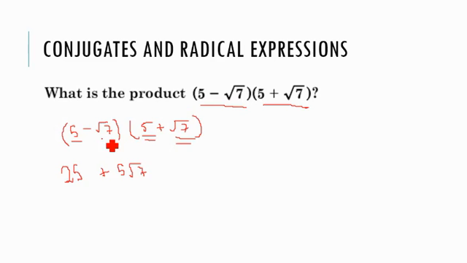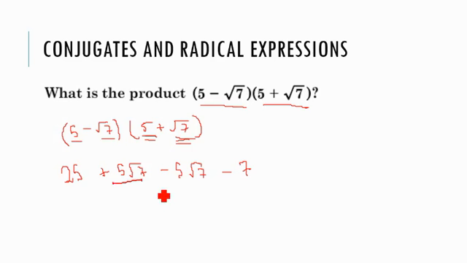And then we take the second term in the first binomial and multiply it by the two terms in the second binomial. So negative root 7 times 5 is negative 5 root 7. And then negative root 7 times root 7 is just going to be negative 7, because a square root times a square root is just the number inside the square root.